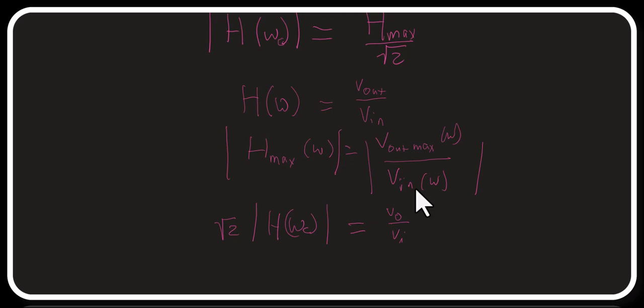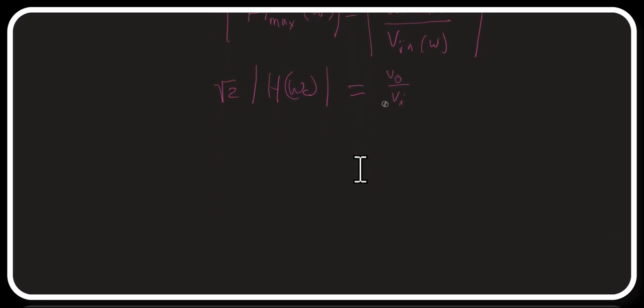So now we can say v out equals vn times the square root of 2 times the magnitude of h omega c.